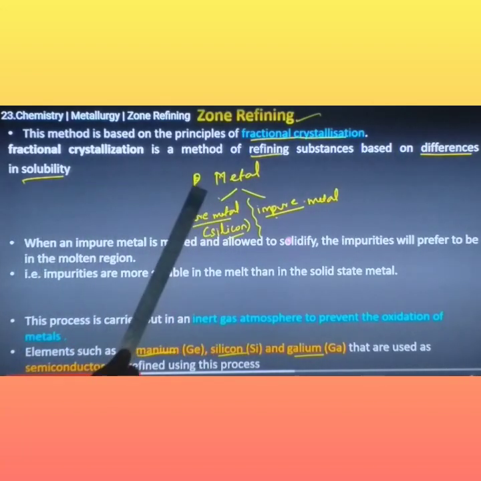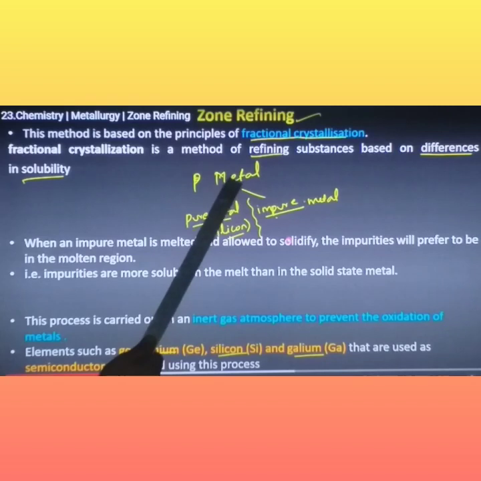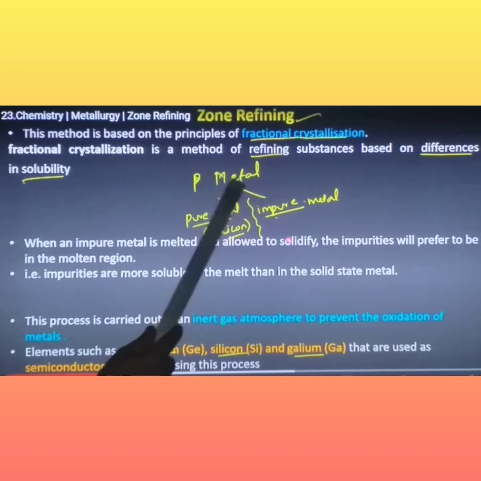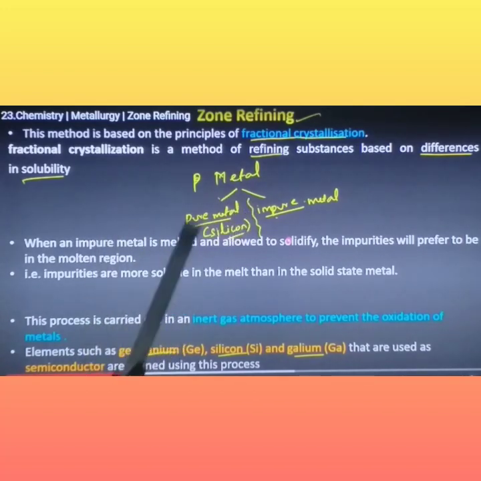For example, suppose the metal we are going to purify has a few percent of impurities along with it. If you heat this metal, the metal along with the impurity starts to melt and changes into a molten form.